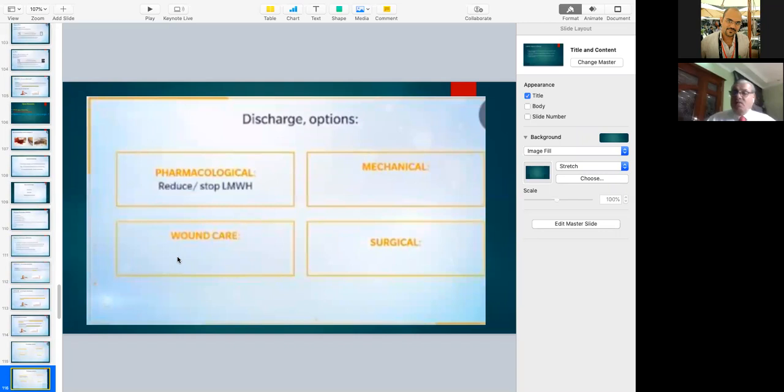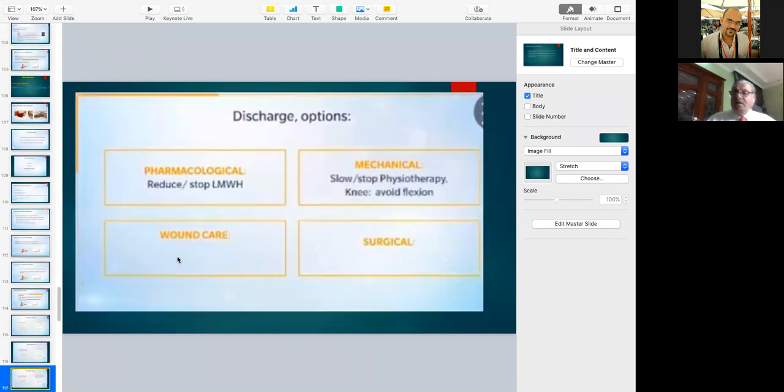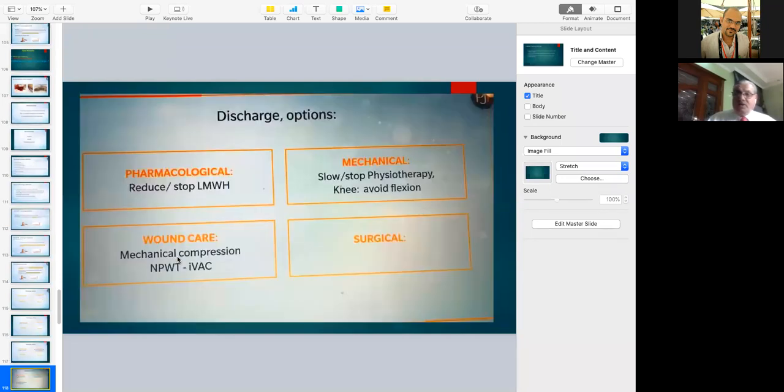First, pharmacological action: try to stop anticoagulants. Mechanical: stop physiotherapy, especially flexion. Regarding the wound, mechanical compression, and VAC, you can use it.